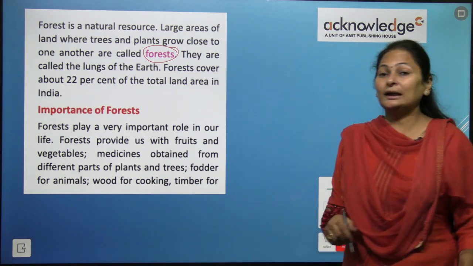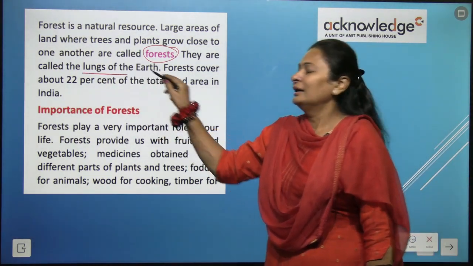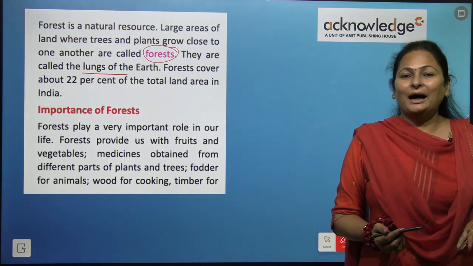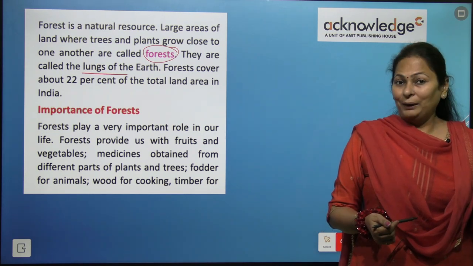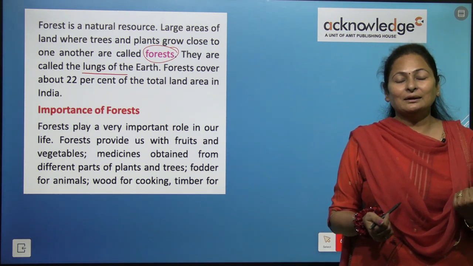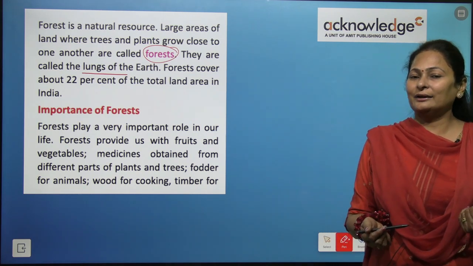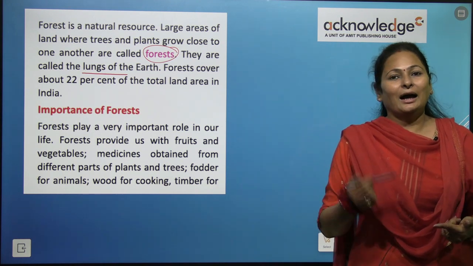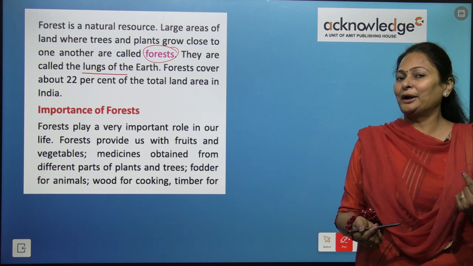They are called the lungs of the earth. Lungs of the earth, well said, because the plants breathe, so we breathe. Plants take in carbon dioxide and release what? Very good, they release oxygen, and we take in oxygen and release carbon dioxide.